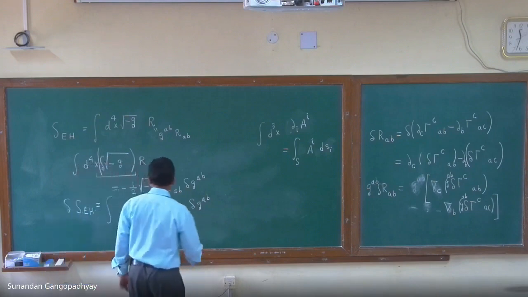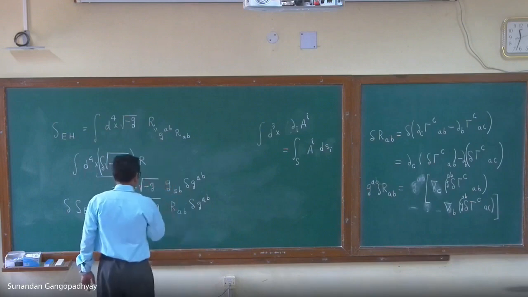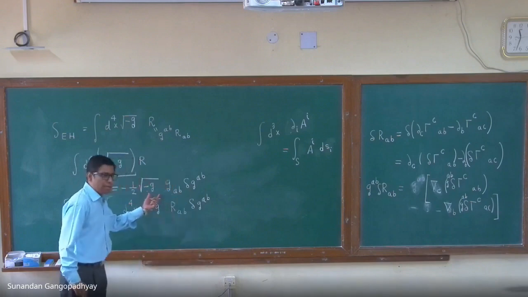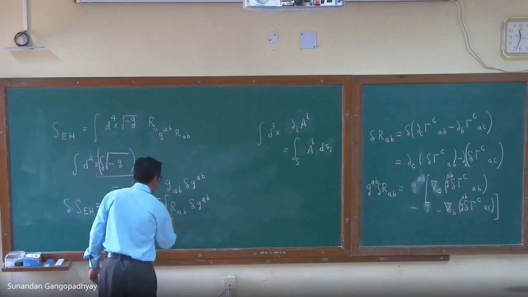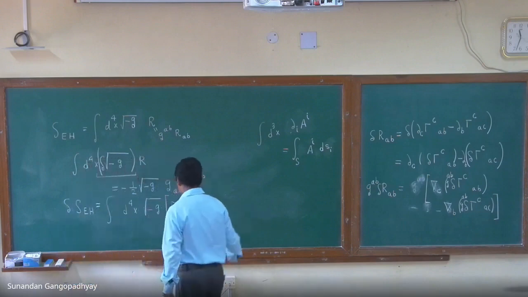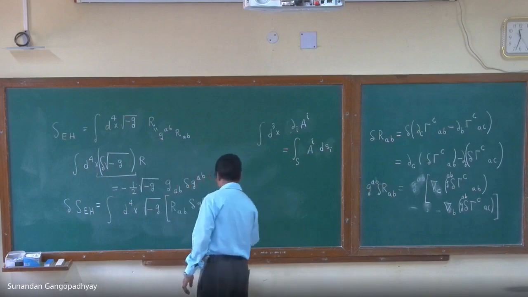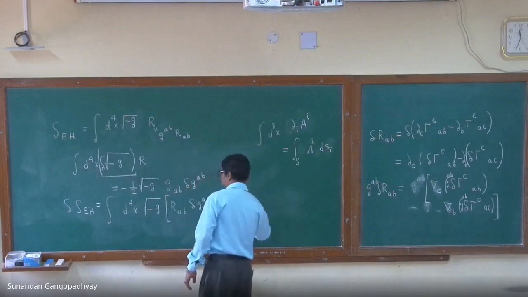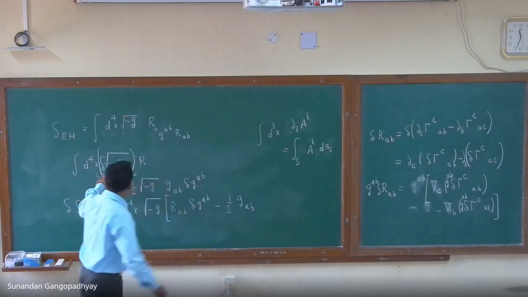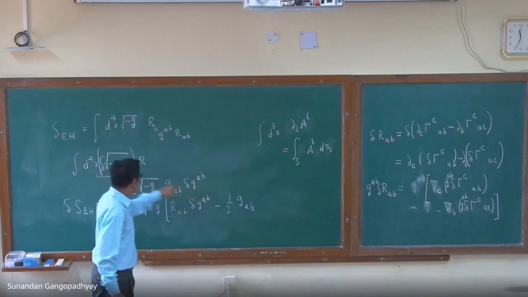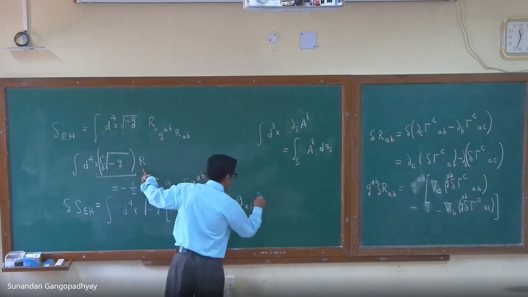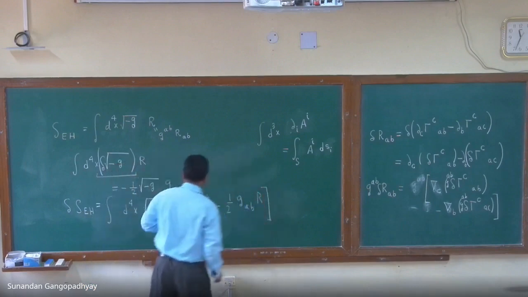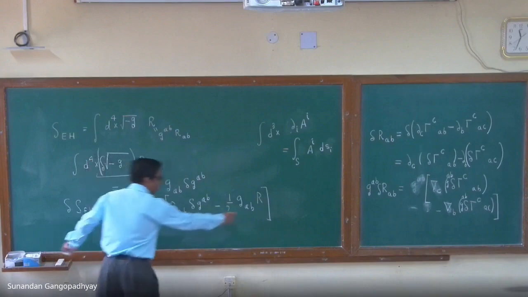What is the third term? The third term also has a square root of minus g. So I just take it common, and put a bracket, minus half g_ab, and this is multiplied by capital R. R here, and delta g^ab is also here, right?